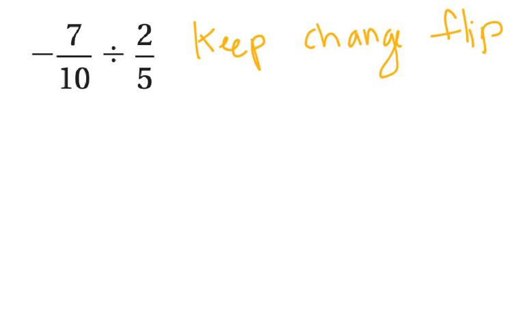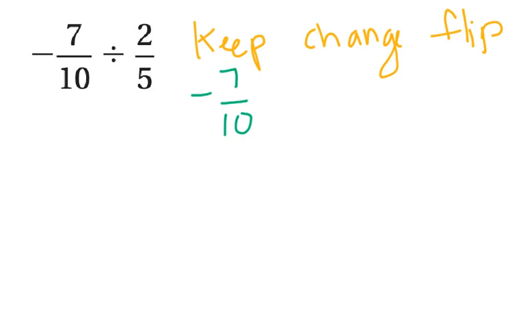And that is how you divide fractions. So you keep the first value, negative 7/10. So this is going to be negative 7/10 because we're keeping negative 7/10.